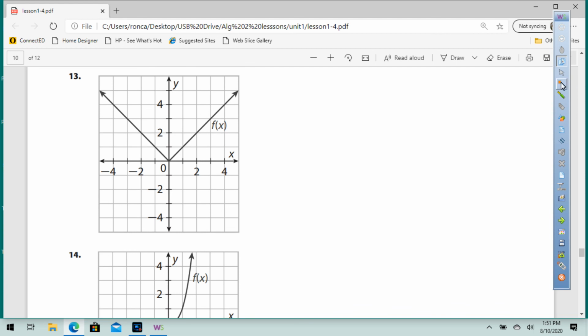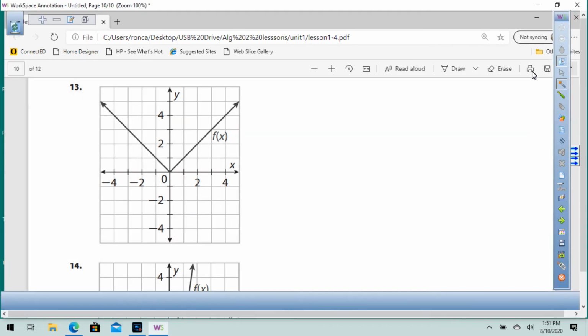Well, you could reflect it over the y equals x line, or, well, you can tell if this is a function, then you can do something called a vertical line test, all right? And you can see you can only cross it at one, so this is a function. And that's with the vertical line test.